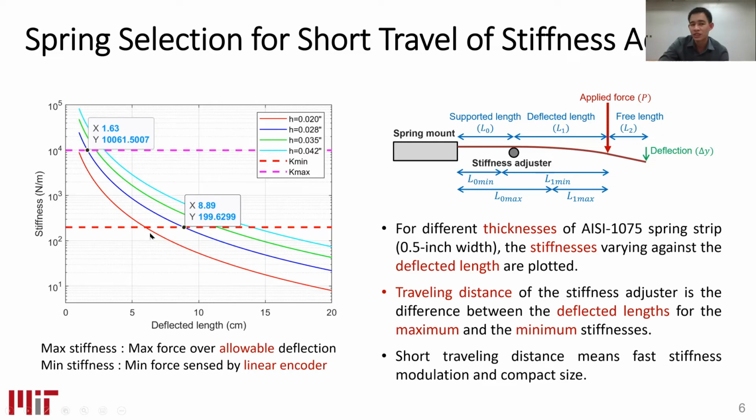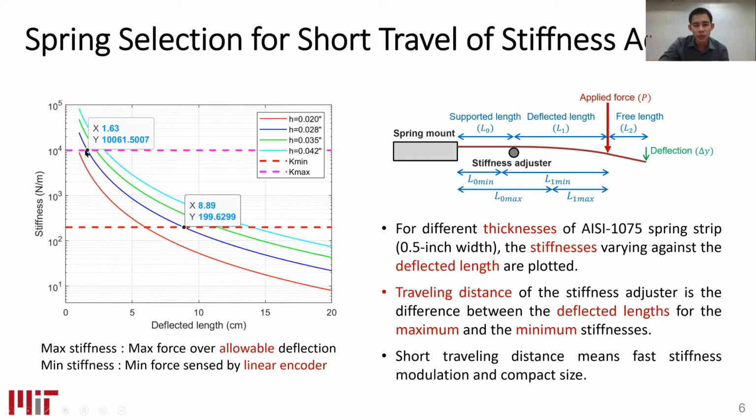the shortest traveling distance, but we cannot select the red one because if we select the red one, the point where we can have the maximum stiffness is where the deflected length will be less than 1.2 centimeter, which means it's less than the radius of the roller, and we cannot make a real prototype.